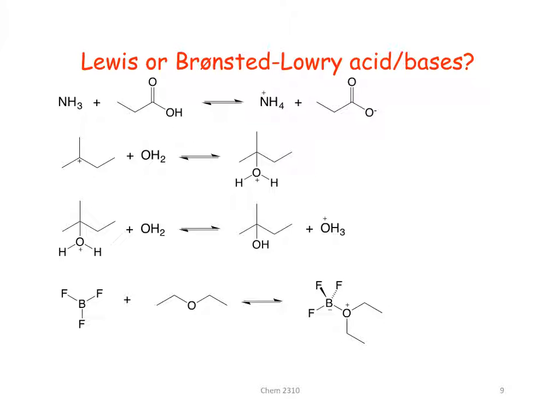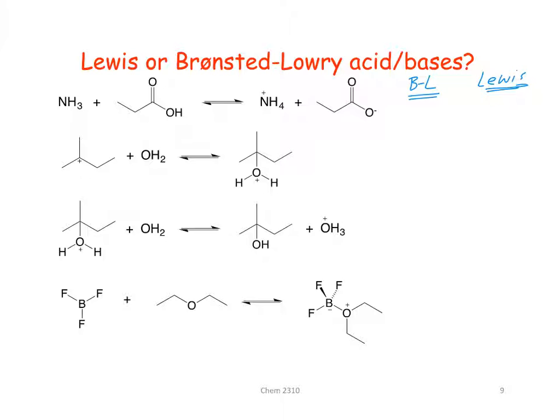All right, so let's take a look at these 4 examples, and we're going to say whether these are Bronsted-Lowry acid-base or Lewis acid-base reactions. Okay, so let's look at the first reaction. Up here, what's happening?